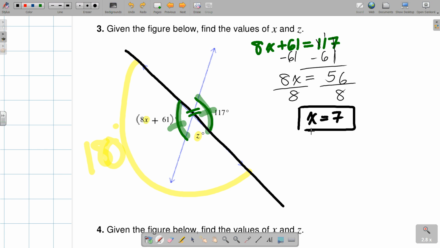So you should have gotten x is 7. Now to get z, I know that this whole angle is 117.